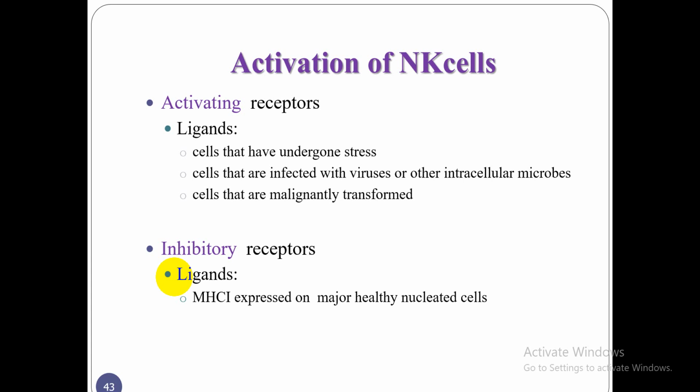So if a cell is healthy and also a nucleated cell, it expresses MHC class I, and this molecule could act as a ligand for inhibitory receptors of the NK cell.